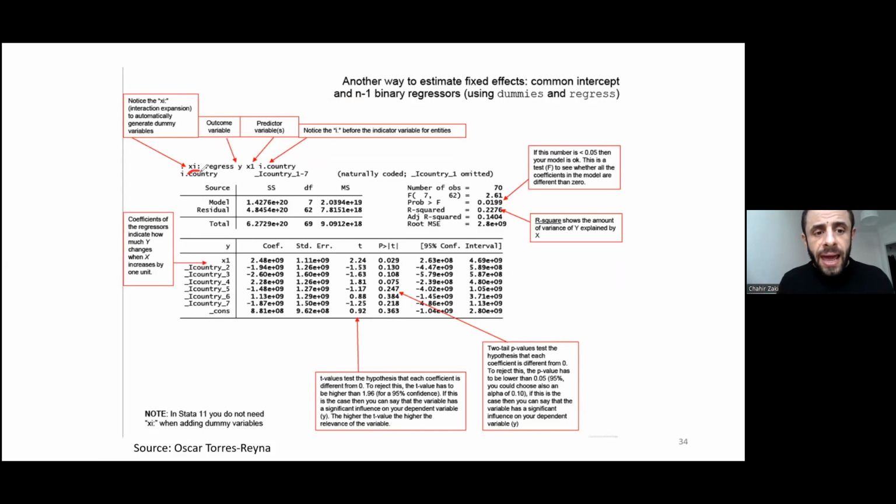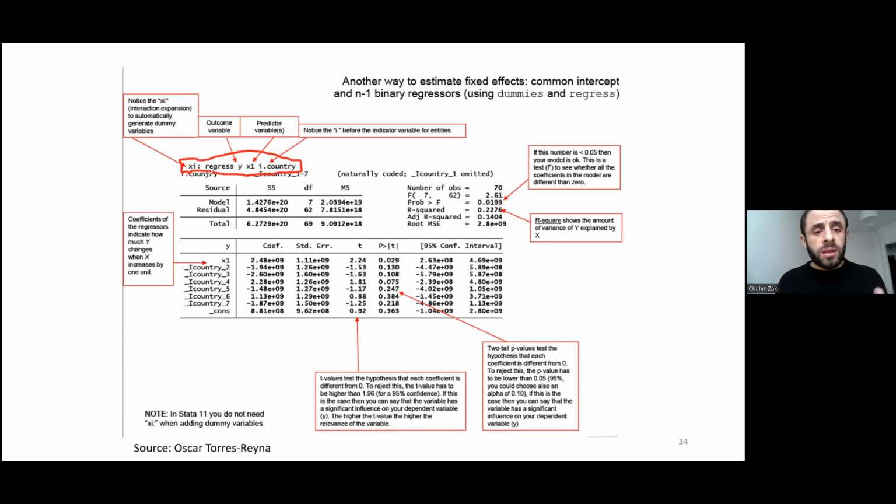we run xi, then regress y x1 i.country. If we write it this way, we're going to get i.country, where we ask Stata to introduce all those country dummies explicitly in the model.